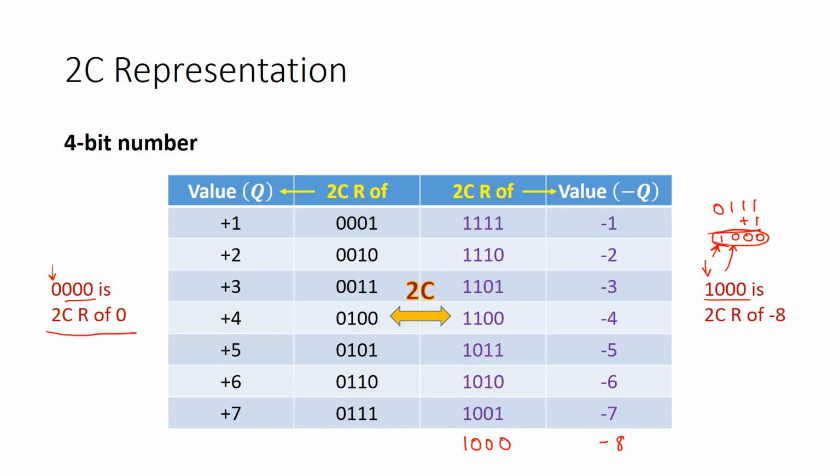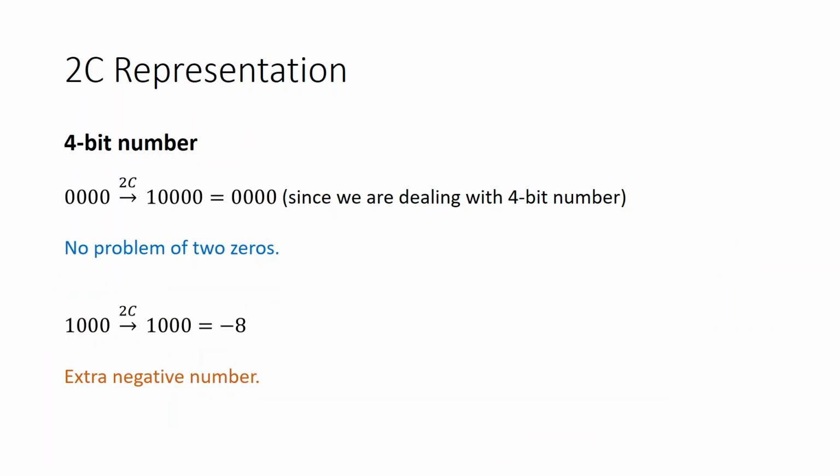The complement maps to itself, which is not usually the case. Every complement maps to its corresponding negative number, or the sign is opposite, as you can see in this table. However, for -8 it is the same, so we get an extra negative number. Basically the positive value of +8 is not there, and 0 is only one.